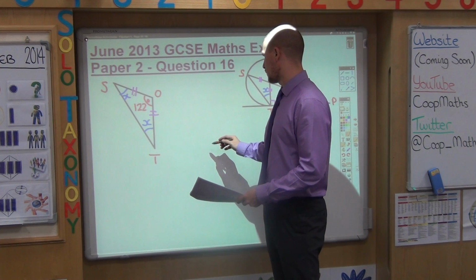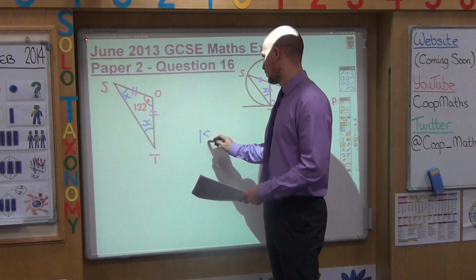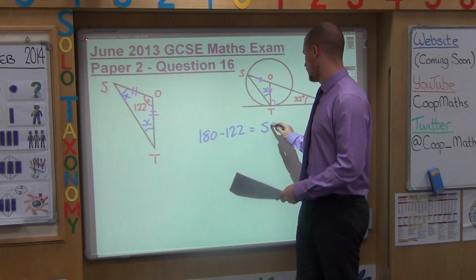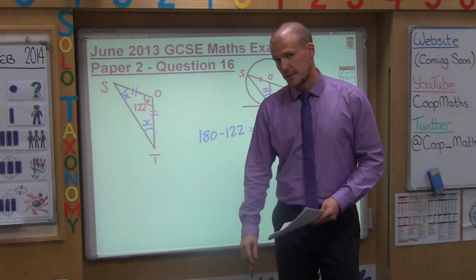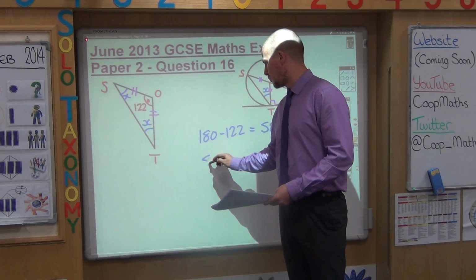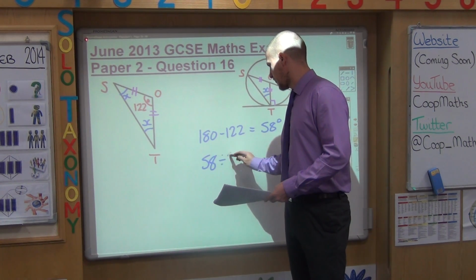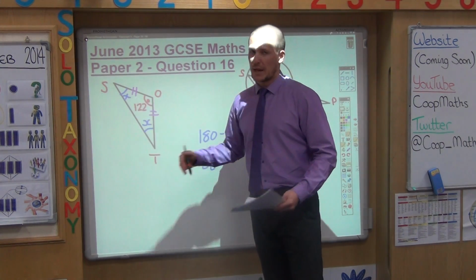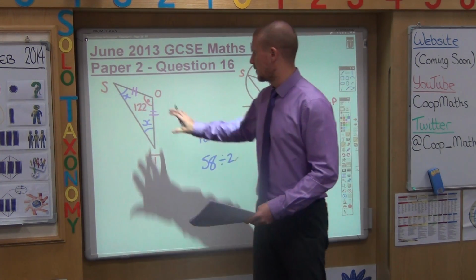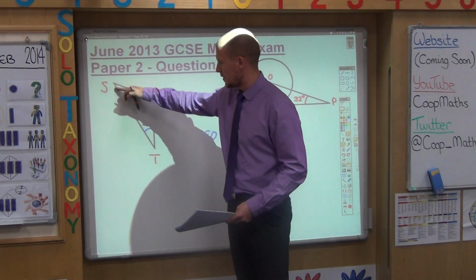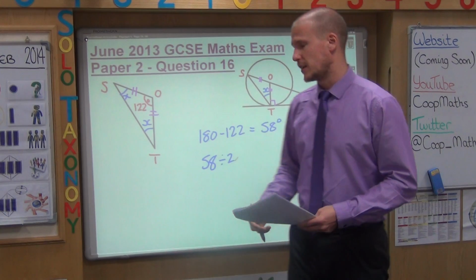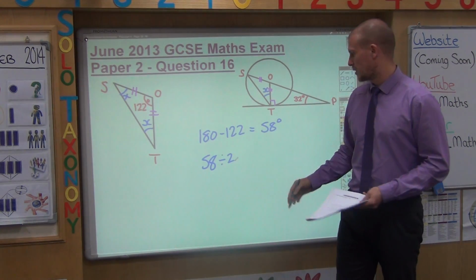Or what we can do first of all is take 122 away from 180, giving us 58. And if we state that we're going to do 58 divided by 2, we have to say why. It's because these are base angles in an isosceles triangle. So if I were to take that picture and rotate it so that this was the base, the angles left and right, so kind of how you usually see an isosceles triangle, the base angles are equal.